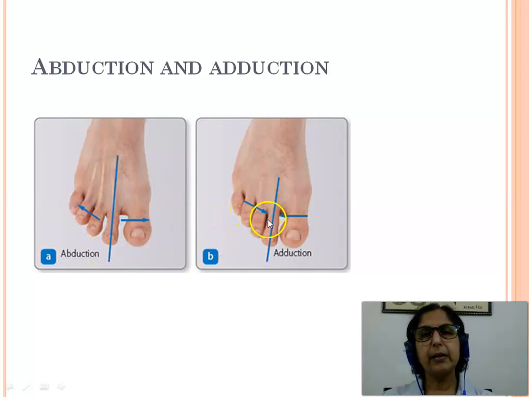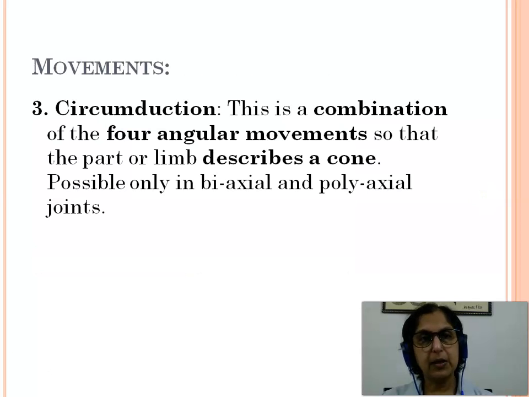And then when they are taken towards the second toe, that is called adduction. So thus we have seen the two types of angular movements, flexion and extension, and abduction and adduction. Now we go on to see circumduction.